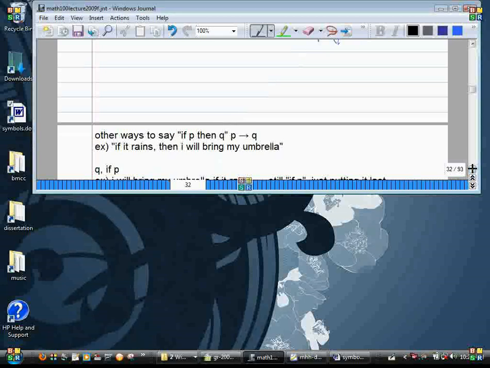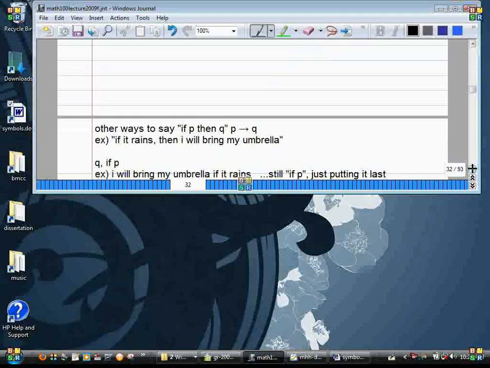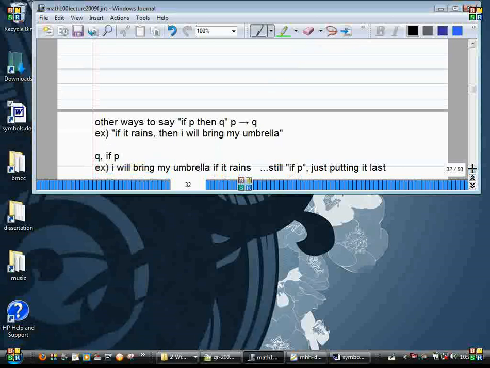But we can put it in the structure of Q if P. This means the same thing, it's just grammatically speaking you've moved your phrases around. So, I will bring my umbrella if it rains. You're still saying if P, it's just that you've said that second instead of first.